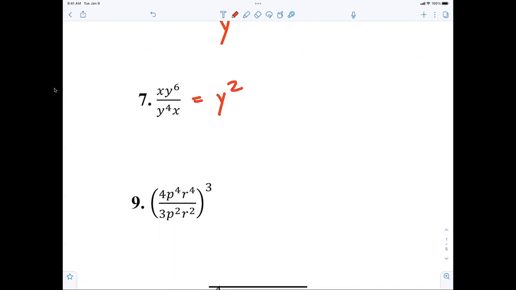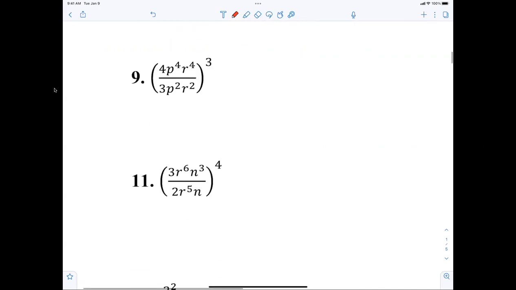All right. Aiden, my recommendation for number 9 is to simplify what's inside first. What does that simplify to? Can I reduce the 4/3? No, so you leave it as 4/3.